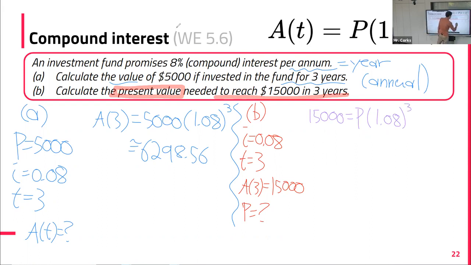And if we rearrange, P is then 15,000 divided by 1.08 cubed. And our number there, 907.